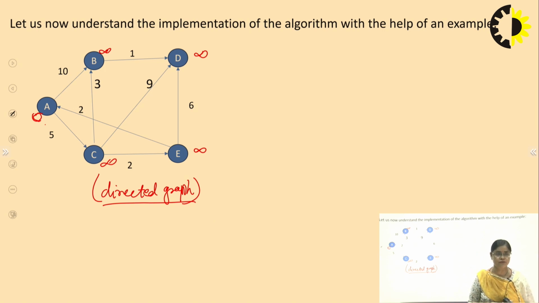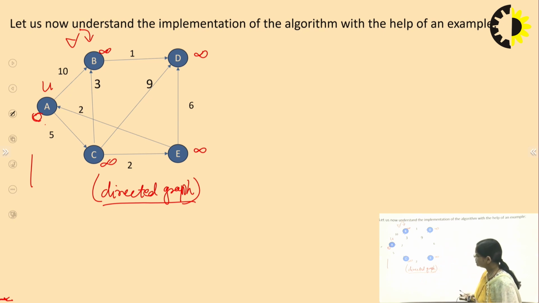Then how are we going to calculate it, if you remember? Distance, and this vertex is U, okay, and this is V. Clear? This vertex is V, right?